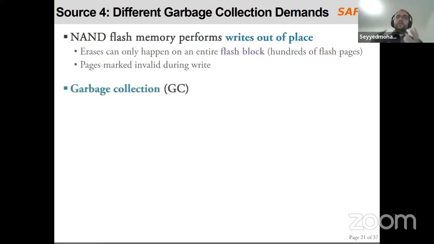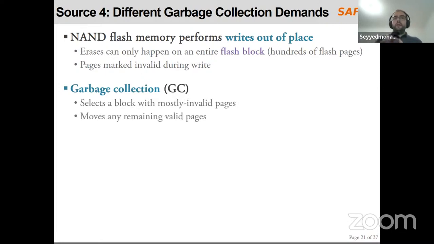At some point we run out of free pages, and we need to invoke garbage collection to reclaim free pages. Garbage collection selects a block with mostly invalid pages, moves any remaining valid pages in that block to free pages, and erases that block.